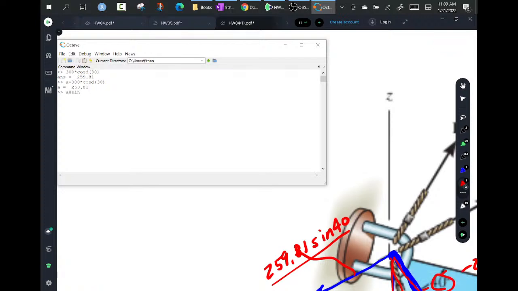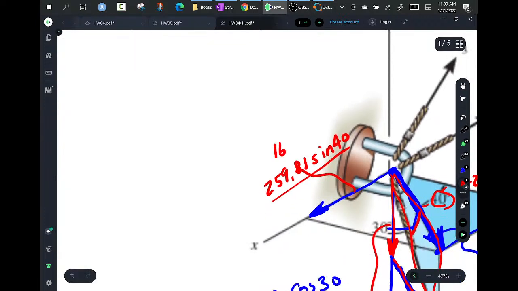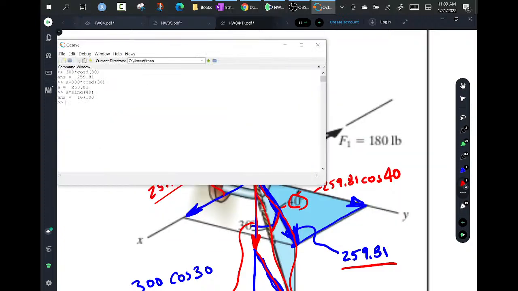And I did not put the multiplication symbol. I missed the shift key. Sine in degrees of 40, 167. So let me just write that, 167. That seems pretty interesting.